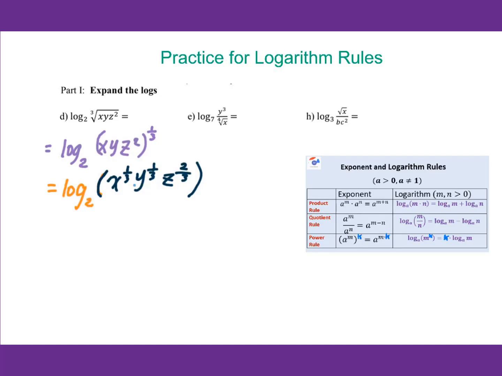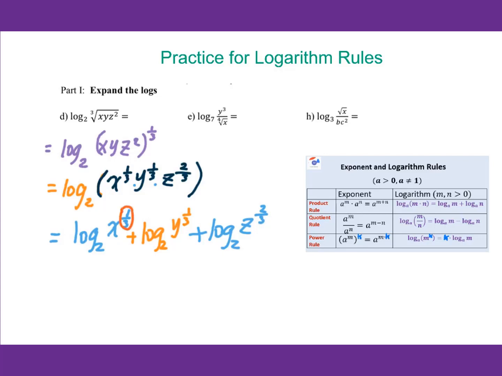Now, since it's all multiplication, we add the logs. So we got log base 2 of x to the 1/3 power plus log base 2 of y to the 1/3 power plus log base 2 of z to the 2/3 power.